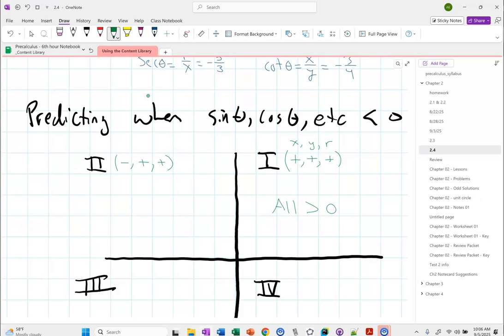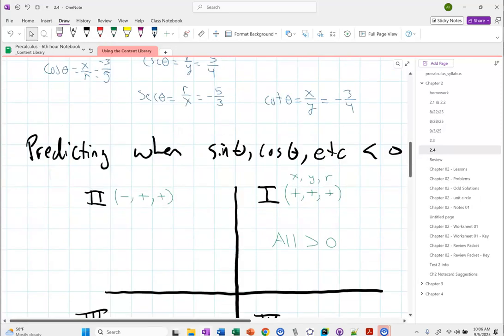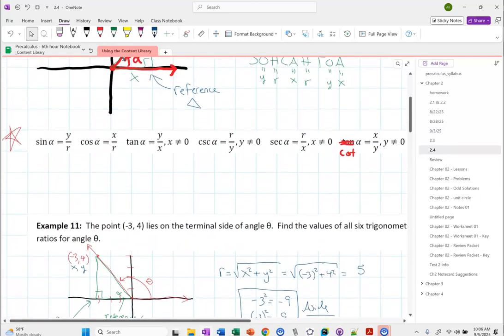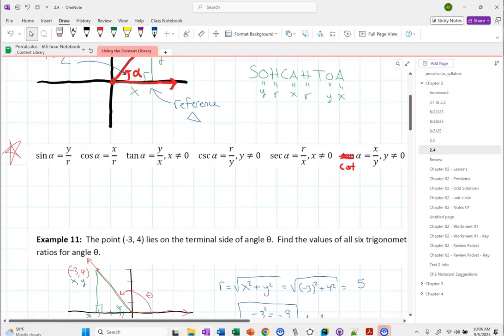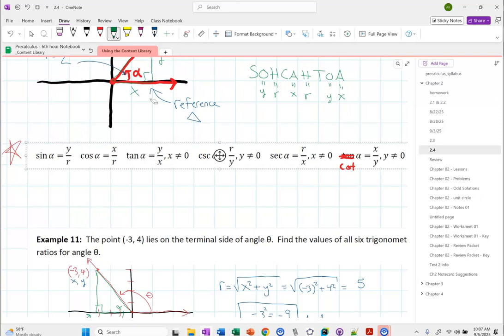So if I go back and look at my ratios, the ones that have exactly one x are going to be negative. Anything else is going to be positive, right? So cosine is going to be negative because it has an x, so I'd have negative over positive. Tangent is negative because it has an x, so I'd have positive over negative.